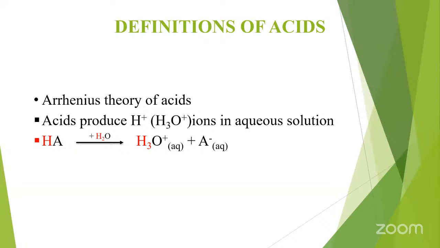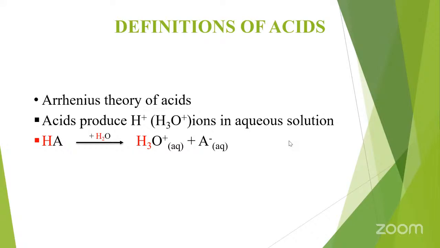So we have been talking about what acids can do, that is, their physical properties and chemical properties. But how do we define an acid? Remember in secondary school your teacher told you that an acid is a substance which when dissolved in water gives hydrogen ion as the only positive ion.